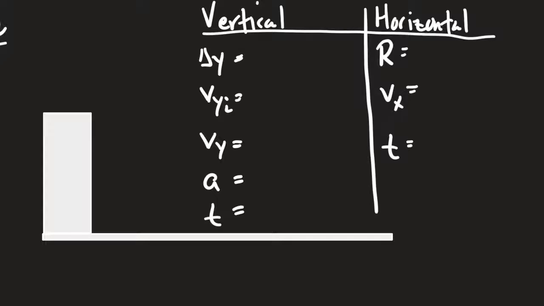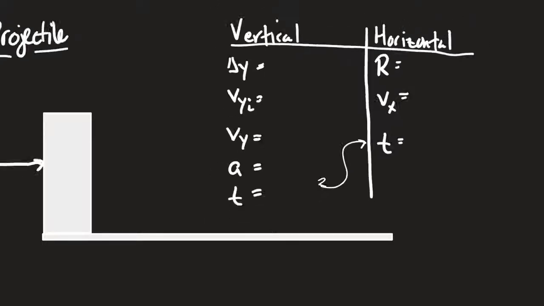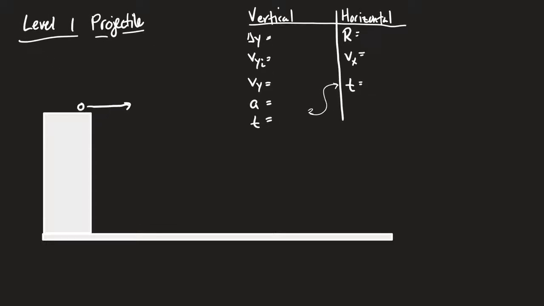As indicated yesterday, these 2 things are the same. The time that it takes to fall to the ground is the time that it uses to go sideways. Generally, all projectile problems are about time, about figuring out what time the event occurs. So when we're doing these, that's really what I'm trying to get you to look for.